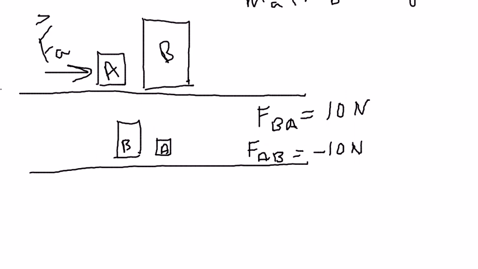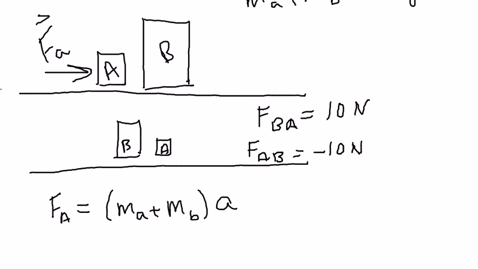What we know is that the acceleration of the system, we know that the force exerted by A is equal to the mass of A plus the mass of B times the acceleration of the system. We also know that we can look at either one of these and see something very interesting.